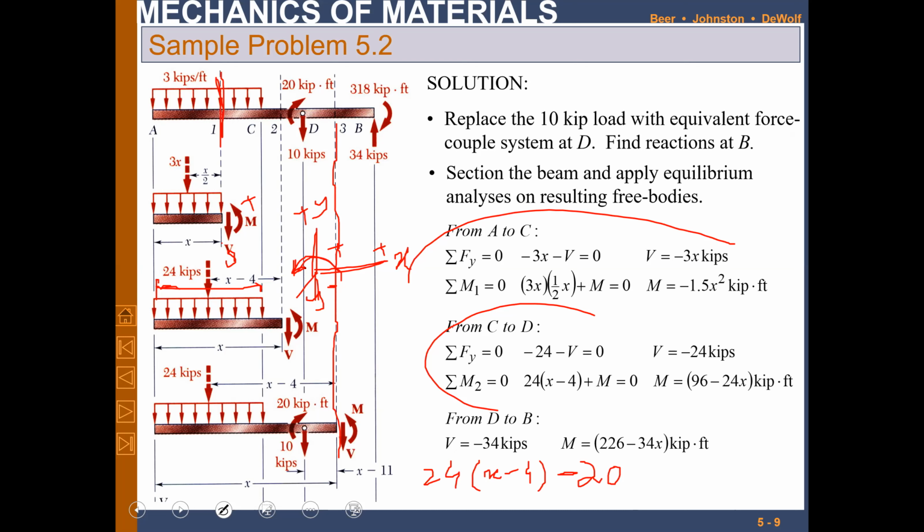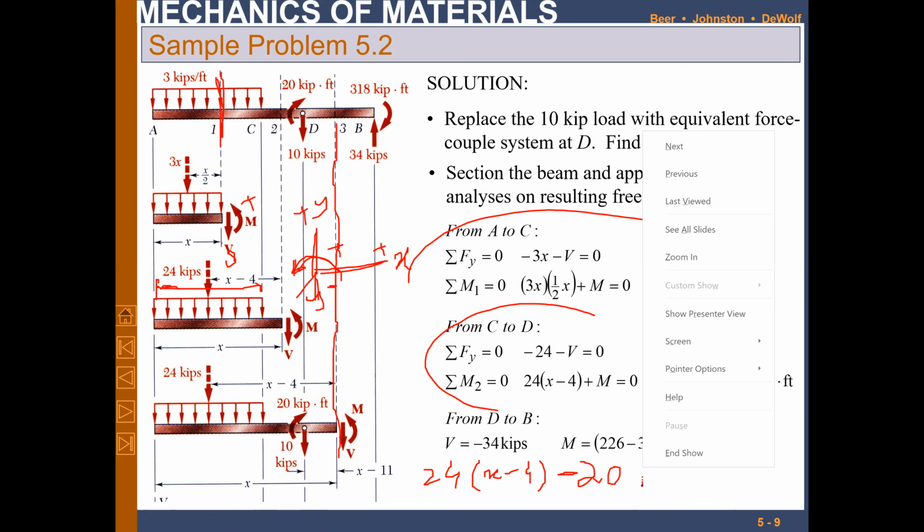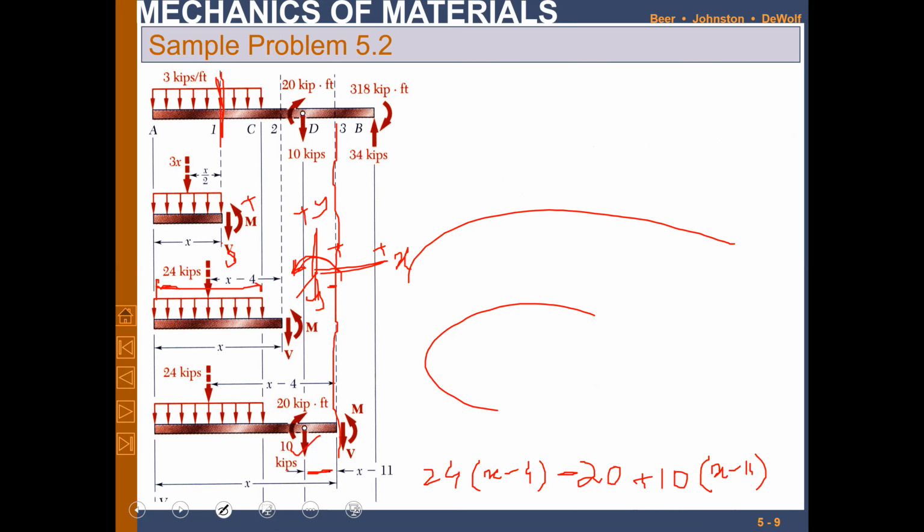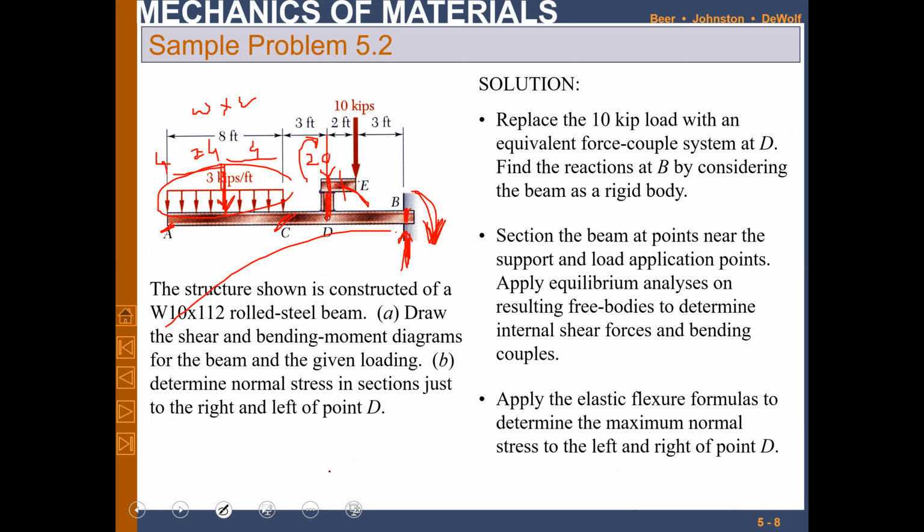Minus 20, plus 10, this force, this is 10 into x minus 11, because if this is x, this will be x minus 11, because the total is 11.